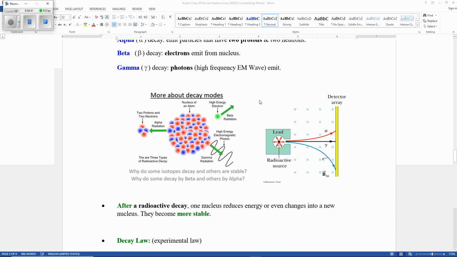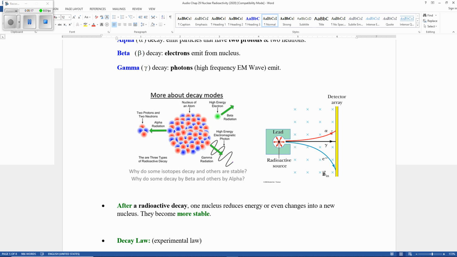So now, when decay happens, how do we know which one happens? Well, we can use a magnetic field. This cross here means the magnetic field goes into the paper. We can use what we studied in chapters 19 and 20. Now the alpha particle is going to change direction because it has positive charge inside the magnetic field. You use the right hand.